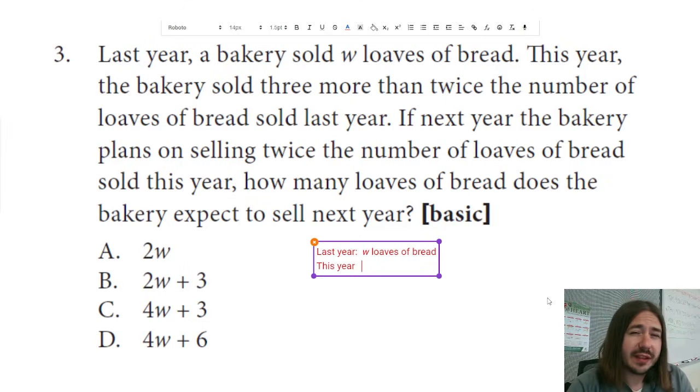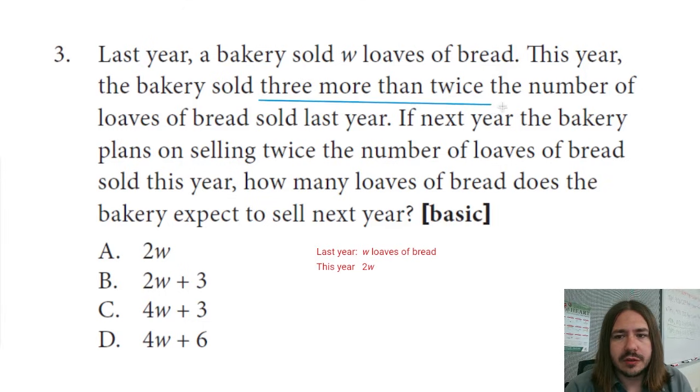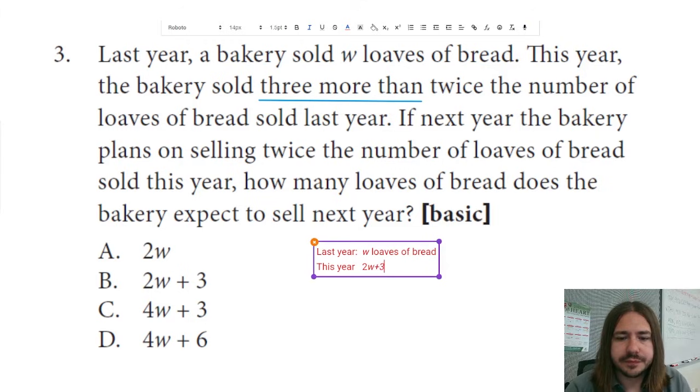So if it was twice the number of loaves of bread as last year, it'd be 2W, but it does say 3 more than twice the number of loaves of bread. The 3 more than is going to be a plus 3. So that's the expression that will represent how many loaves of bread we sold this year.